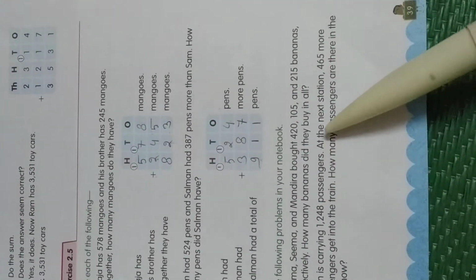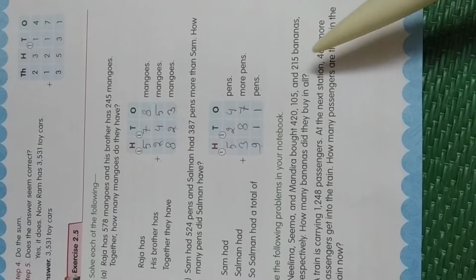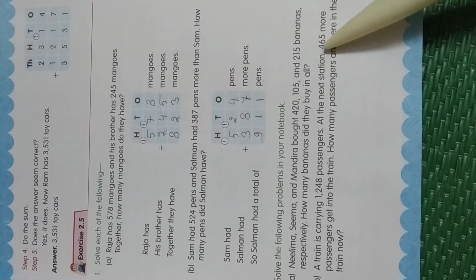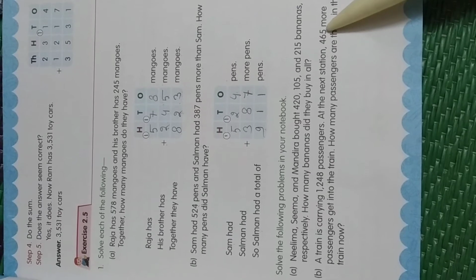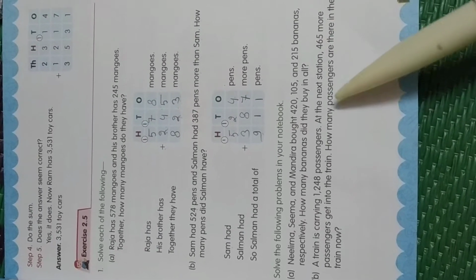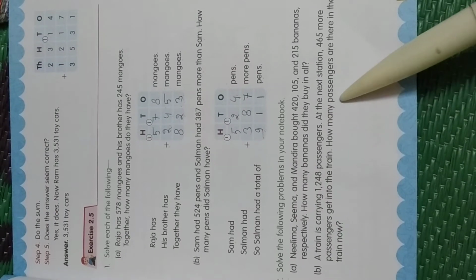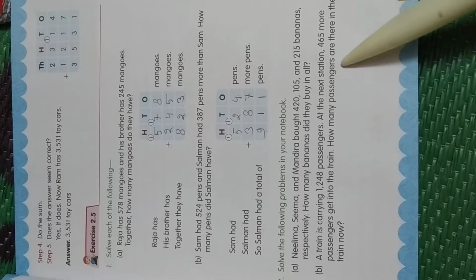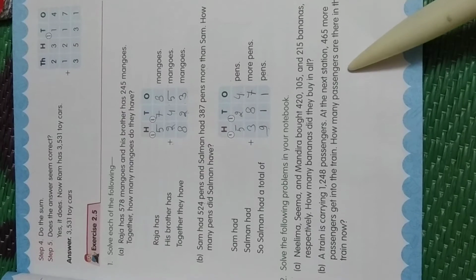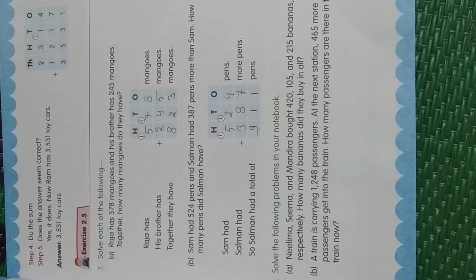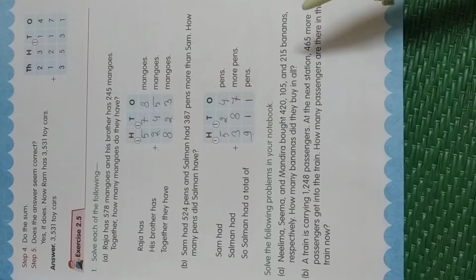After that, the next station, how many passenger get in the train? 465. So you have to find total number of passenger. How many passenger in train now? So what we can do in this question? Yes, we have to add both these number.